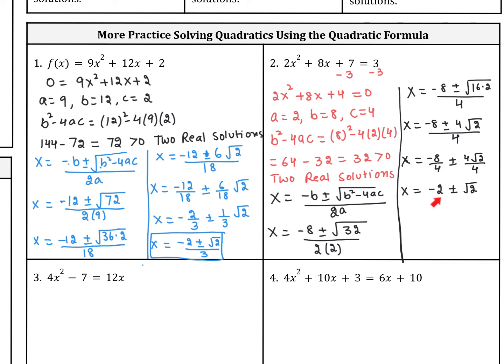Here you got negative 2. 4 and 4 cancel, you got square root 2. And then you're going to have two answers for this. Those answers are, one is negative 2 plus square root 2 and the other is negative 2 minus square root 2. So two real solutions.